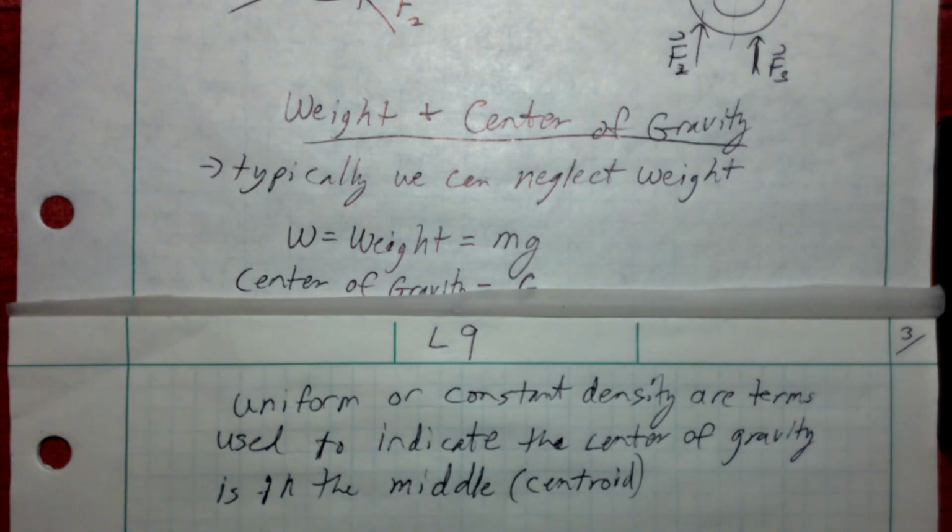So if something is uniform or constant density, then what they're doing is they're telling you just locate the center of gravity in the middle.